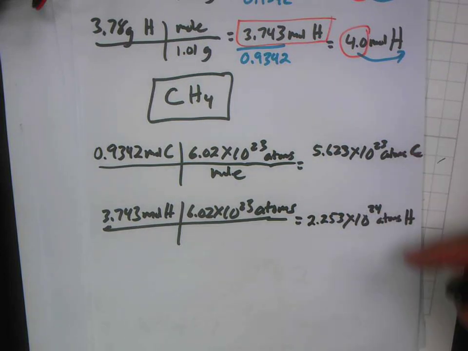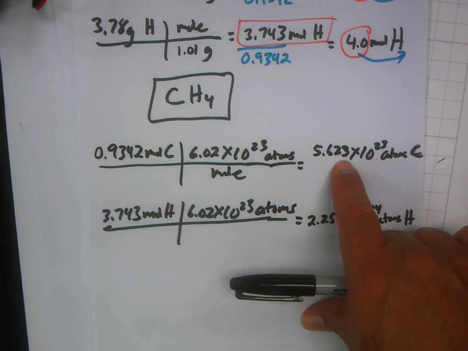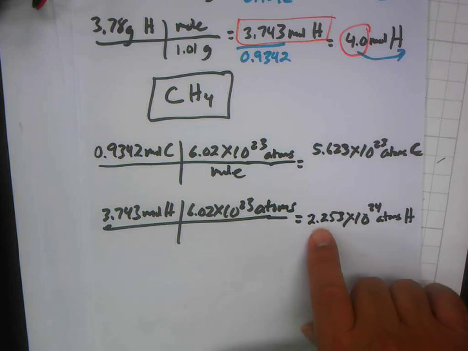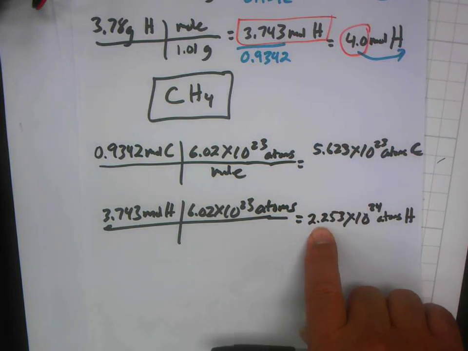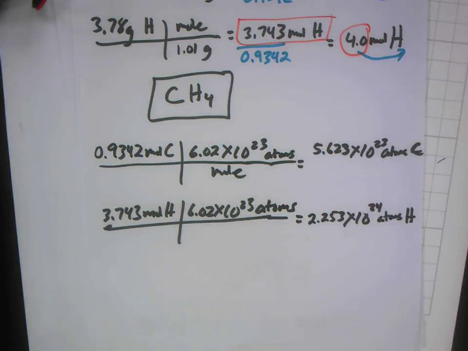Let's figure out what the atom ratios are here. Between this number and this number, the 5.623 times 10 to the 23rd number is smaller. Sometimes people think this is the smaller one because they see a smaller coefficient right out front. But remember, you have to look at the powers of 10, the exponent.